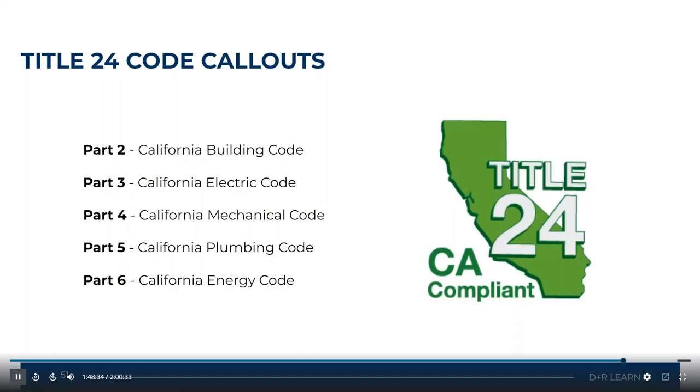So parts 2, 3, 4, 5, and 6, you want to stay focused on when working with Title 24. These will really gear you to what you need to stay focused on as far as installation and maintenance of these heat pump systems, whether you're dealing with the air conditioning and heating side or the domestic hot water side.